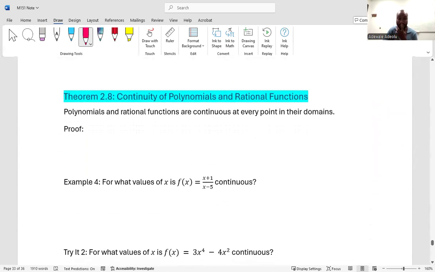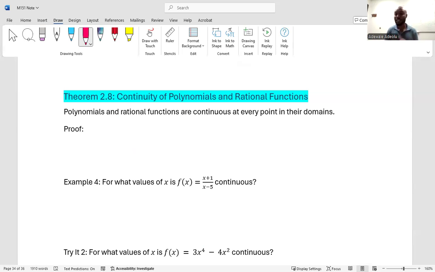Okay. Next, we want to consider some theorem. Continuity of polynomials and rational functions. Remember, we have done something on polynomials and rational functions in previous lessons.